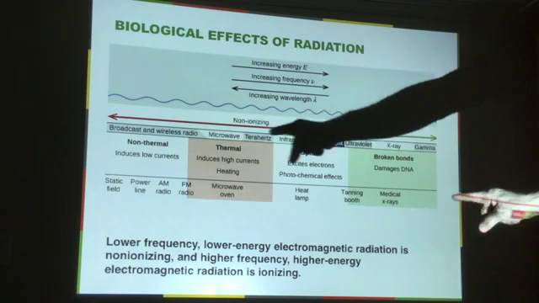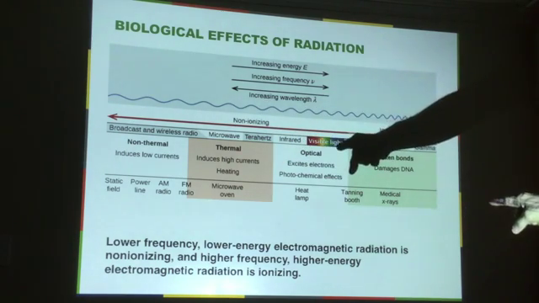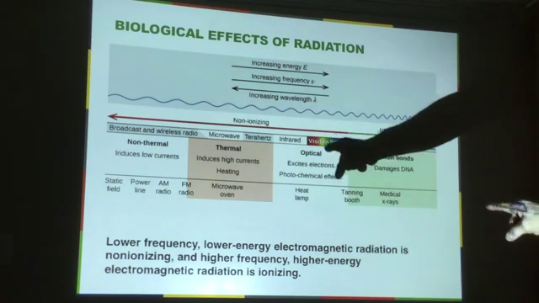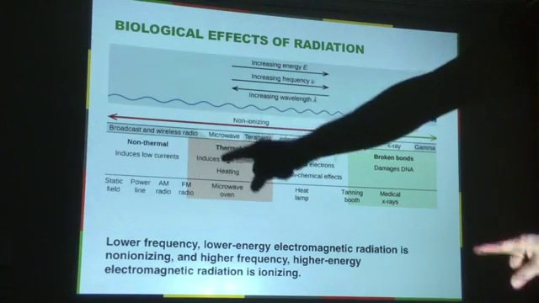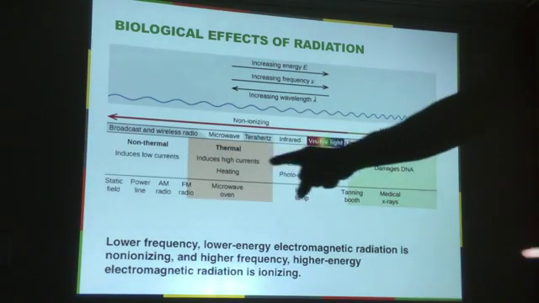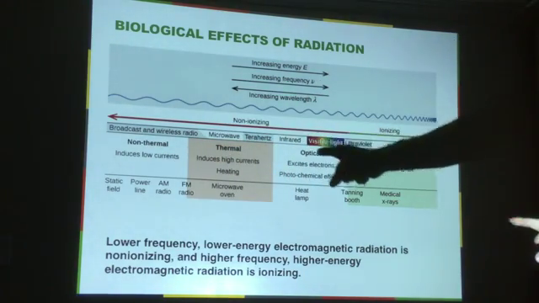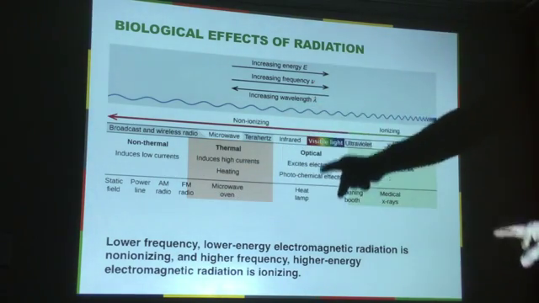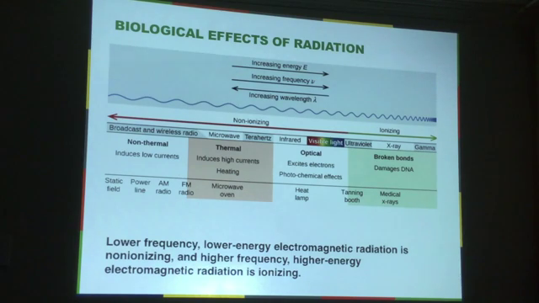So anything less than visible light in terms of energy, in terms of frequency, anything longer, broadcast waves, radio waves, microwaves, etc., infrared waves, all of these do not cause ionizing radiation, do not cause damage to the DNA or to other biological molecules.